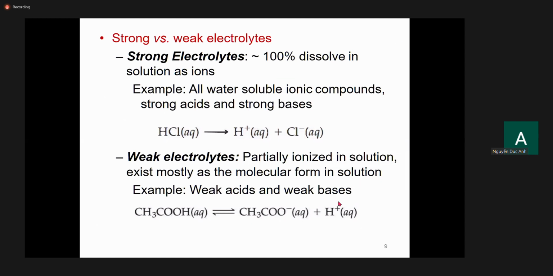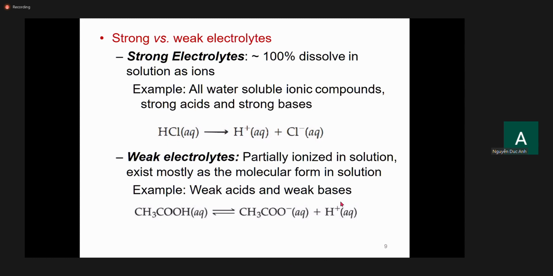So let's separate strong and weak electrolytes. For non-electrolytes, there is nothing more to say, because they dissolve but cannot form ions. Electrolytes can be separated into strong and weak.